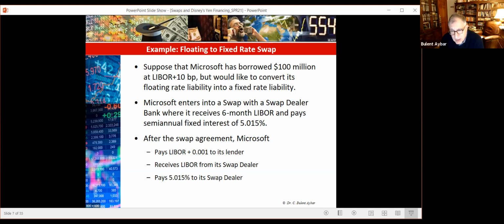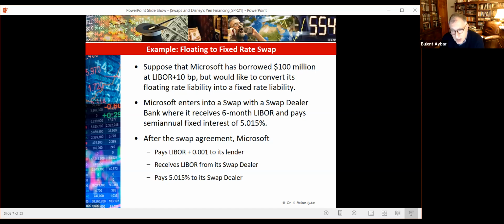So they can make a market in both ways, whether a player wants to convert a floating rate borrowing into fixed rate by receiving a floating interest payment and making a fixed interest payment, or a player who wants to convert its fixed rate borrowing into a floating rate by receiving a fixed payment versus paying a floating interest.